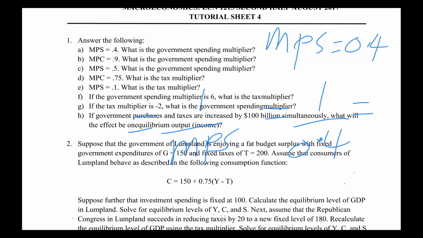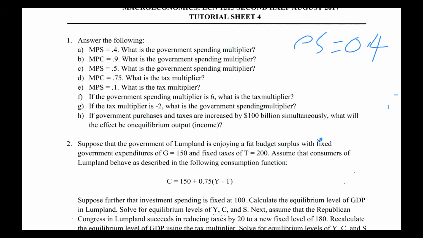What do you get as the government multiplier? 2.5.